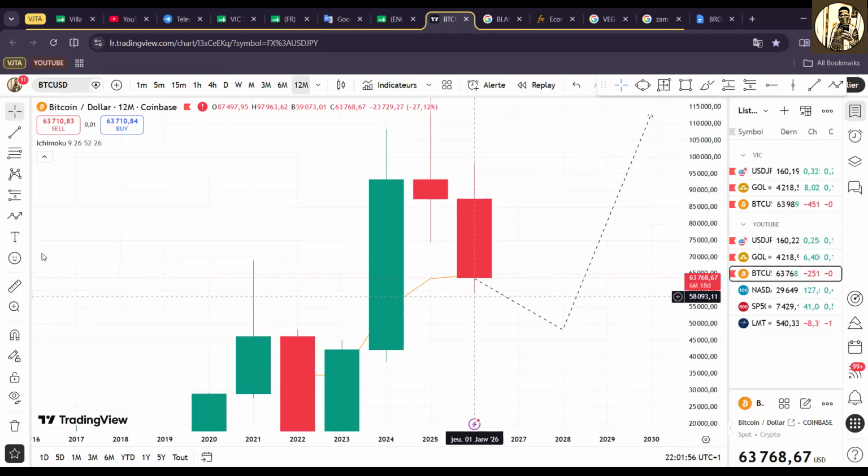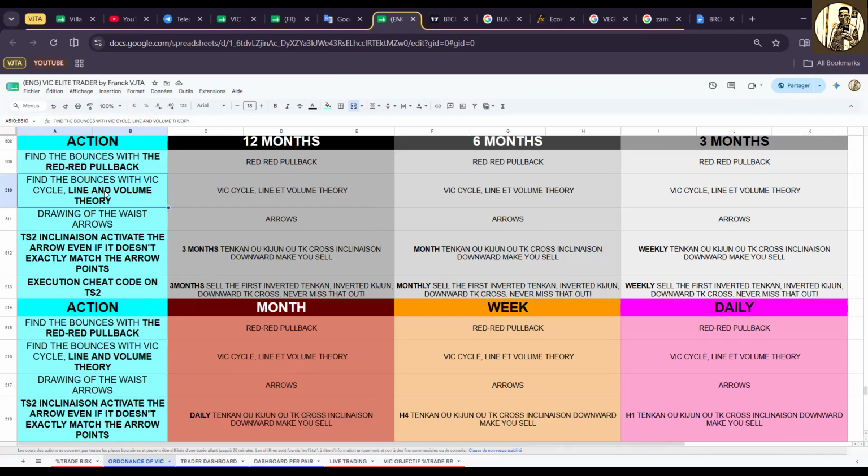At the same time, we need to also look at the line theories and the volume theory. Also the Ichimoku cycle, obviously, must be considered, because the price bounces on lines, and also on Ichimoku cycle zones.